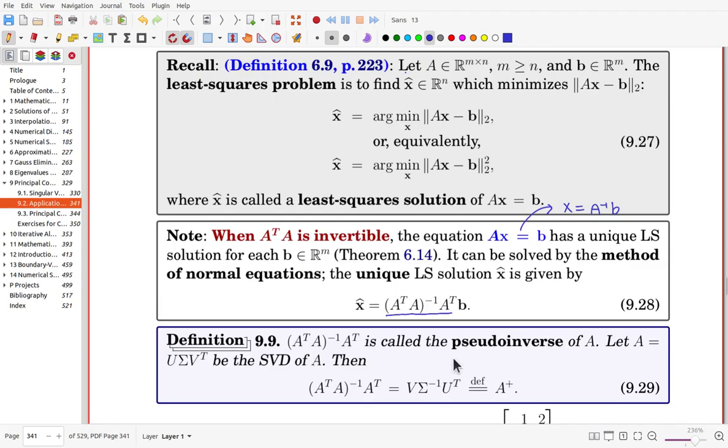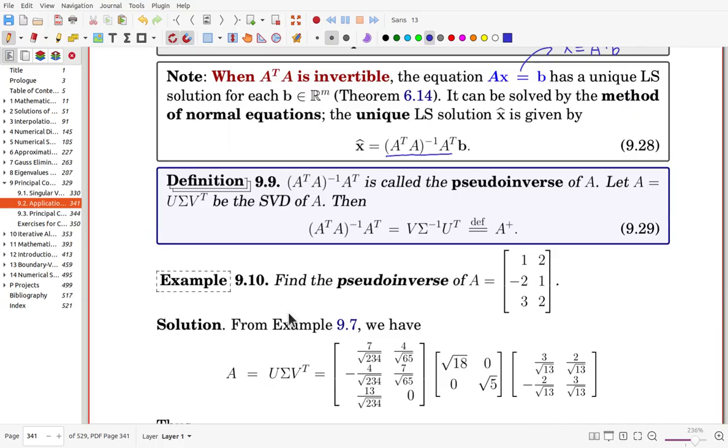This matrix is called the pseudo inverse of A. And if A has the singular value decomposition U sigma V transpose, then after simplification, you can reach this product: V sigma inverse and U transpose. For this matrix, we use the notation A plus, which is the pseudo inverse of A.